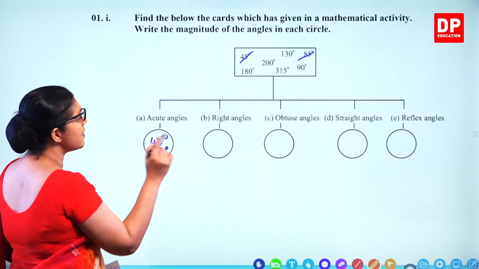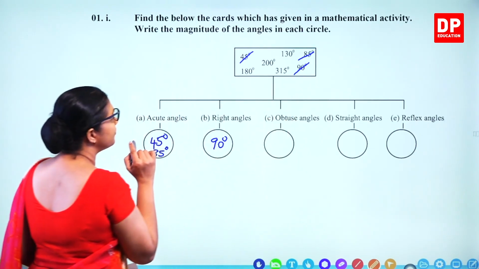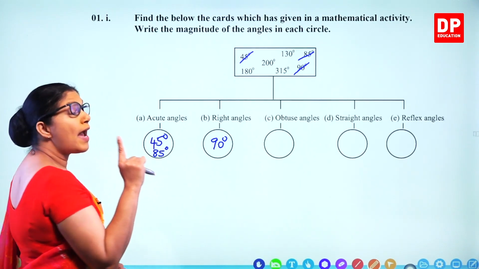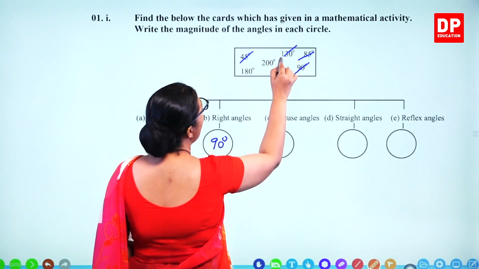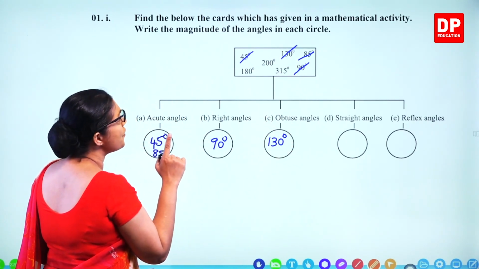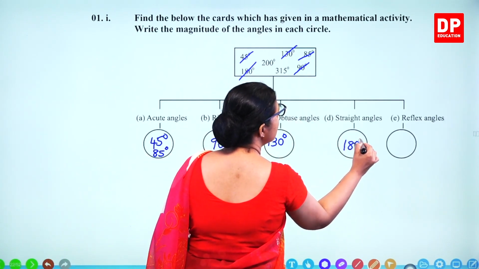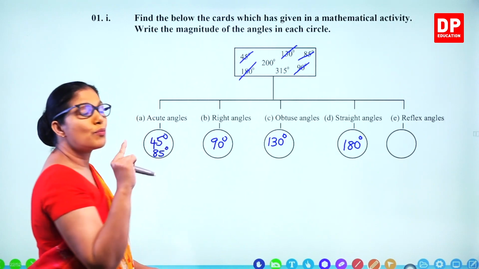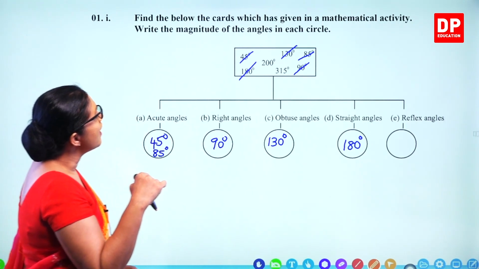Right angle means 90-degree angles. Obtuse means more than 90, less than 180. 130. Straight means 180 degrees, straight angle. And reflex means more than 180, less than 360.